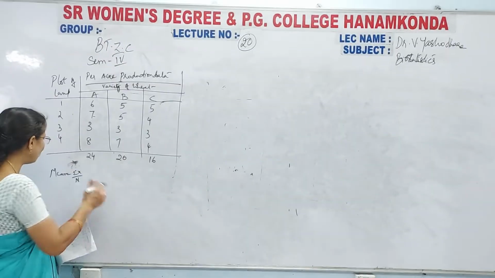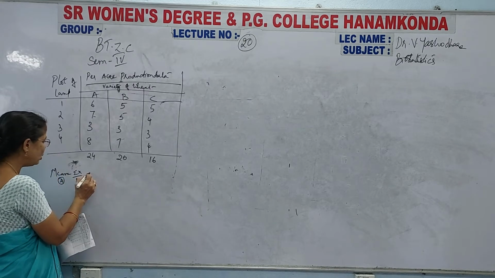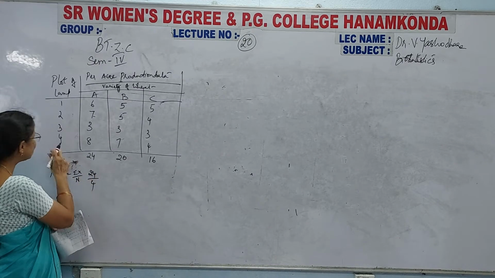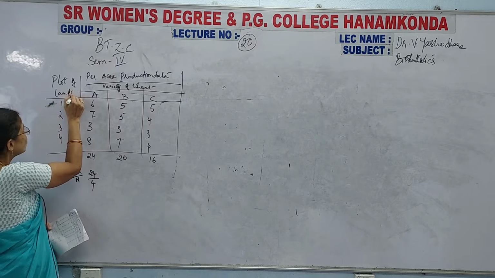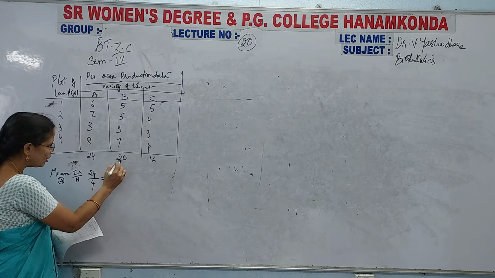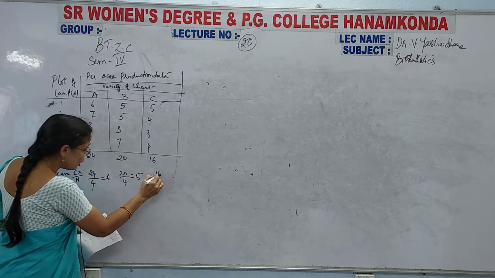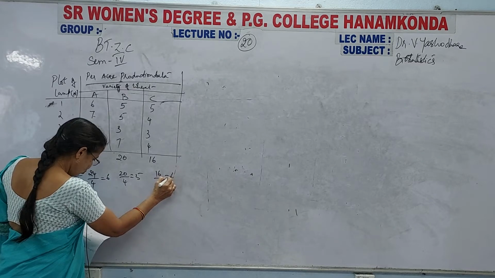Now x bar is equal to, for the first one, variety A, 24 by 4. What is 4? N is equal to 4, without any confusion. Is equal to 6. Here 20 by 4 is equal to 5. 16 by 4 is equal to 4.